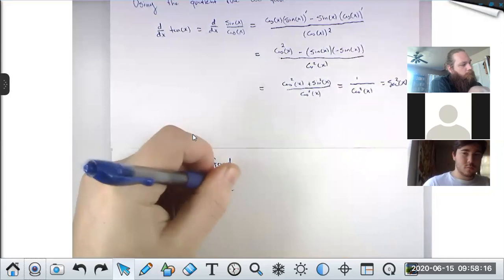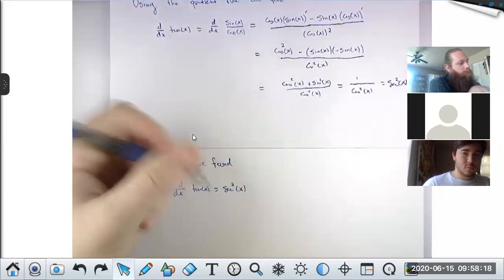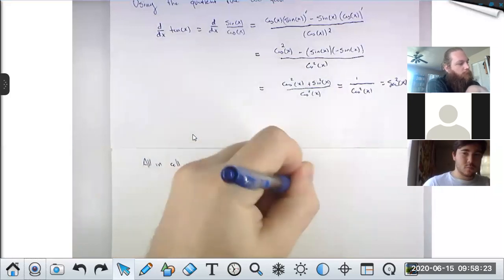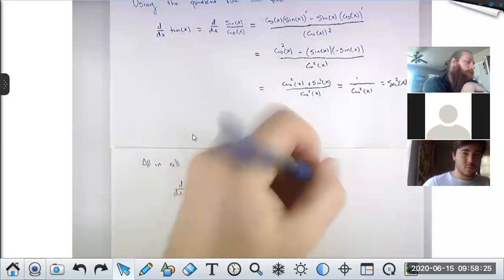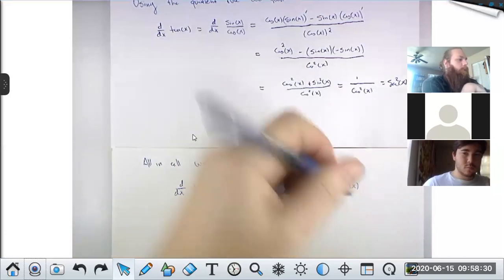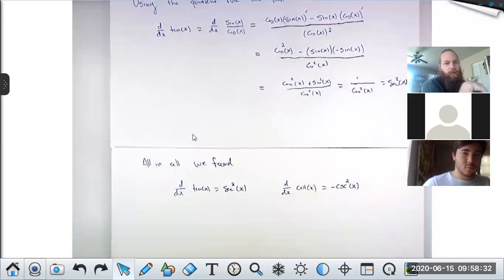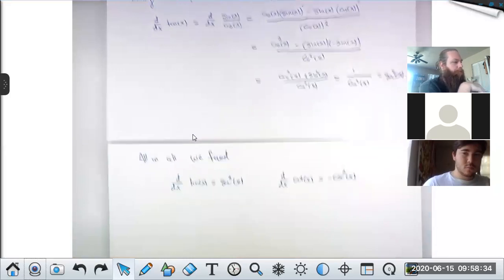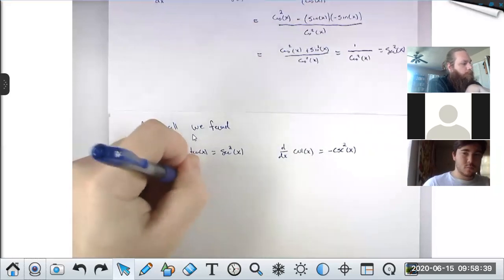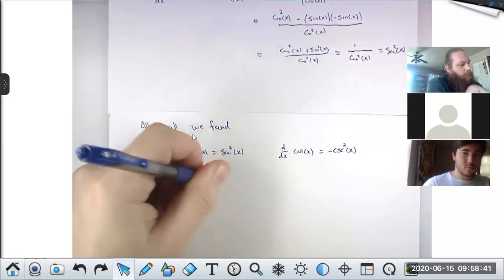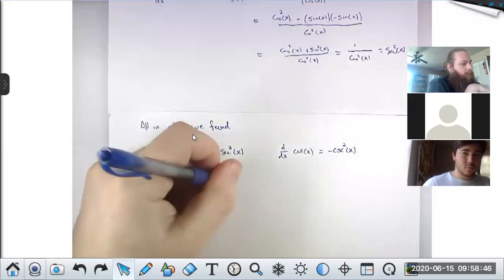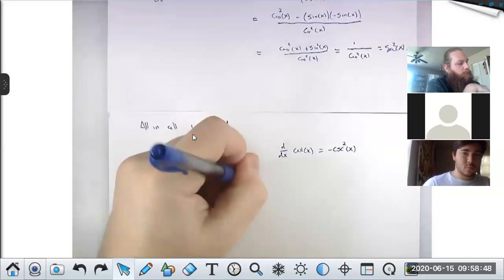There are some problems in your homework that ask you to cook up derivatives like that, so it's good practice. Tangent differentiated to secant squared. I'll write the cofunction derivatives over here. Cotangent differentiates to negative cosecant squared. Secant x, the derivative d/dx of secant x was secant tangent.